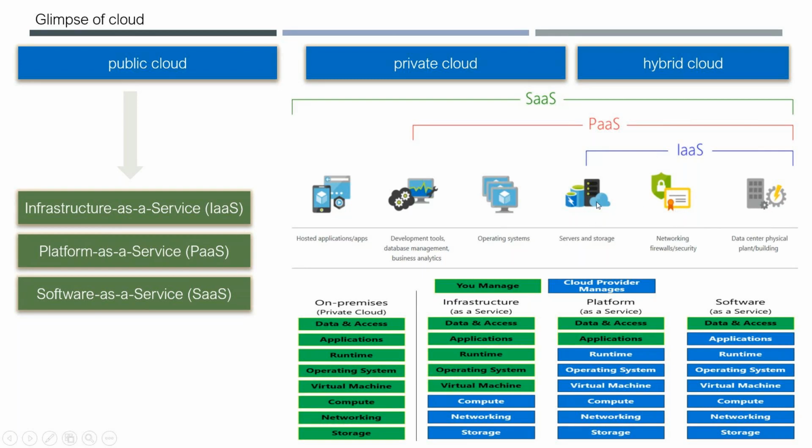What does it mean? It means you are basically using only the infrastructure for your requirement. Infrastructure is nothing but your servers. Again, you are not connecting with physical servers, you are connecting with virtual servers.